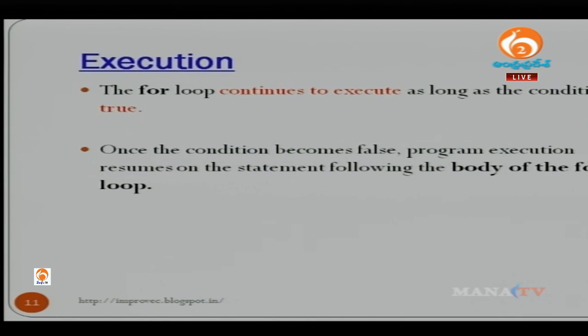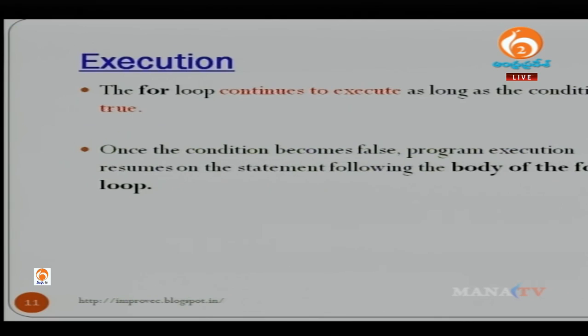Next, the execution of the for loop. The for loop continues to execute as long as the condition is true. Once the condition becomes false, program execution resumes on the statement following the body of the for loop.